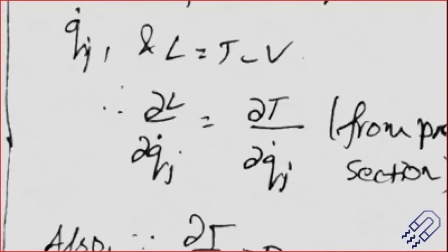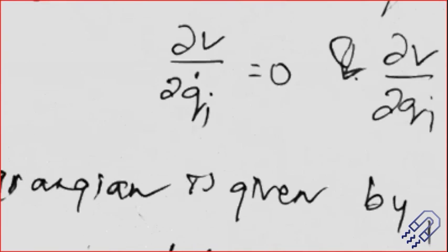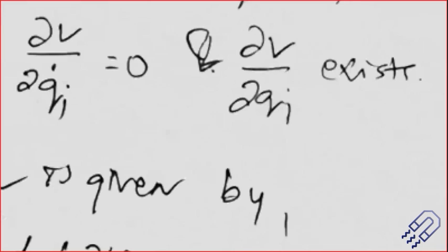L is equal to T minus V, and del L del Qj dot can be written as del Qj dot of T minus V. But last class we also saw that V is not dependent on Qj dot, it's just dependent on T. So the term del V del Qj dot will become 0, and we'll just be left with del T del Qj dot, and that's the reason we have it here. So del V del Qj dot will be 0 and del V del Qj will exist.